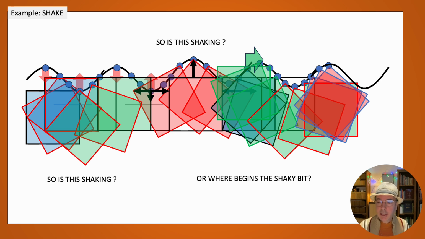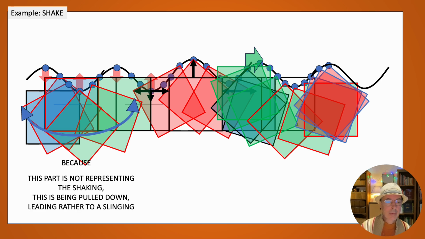But is this shaking? Is this expressing the shaking? You know what shaking is, and you see it comes near, but is it all shaking, or am I exaggerating a little bit? Is this all already in the shaking or shaky movement?